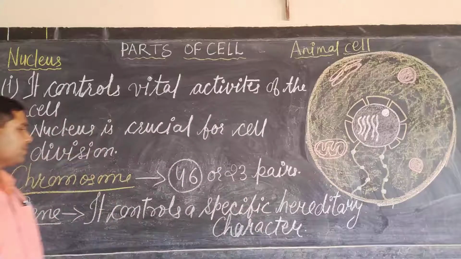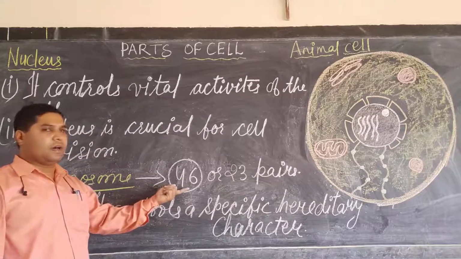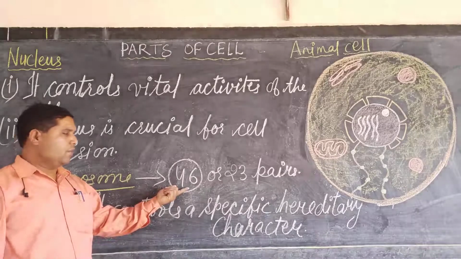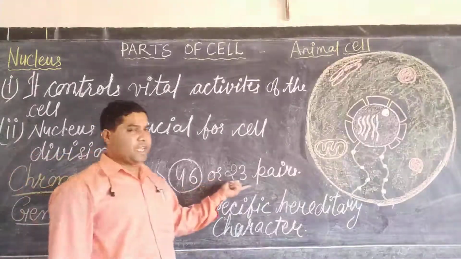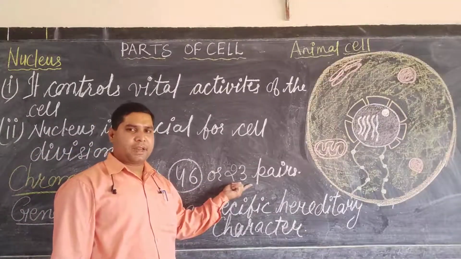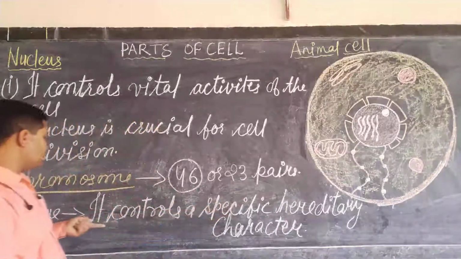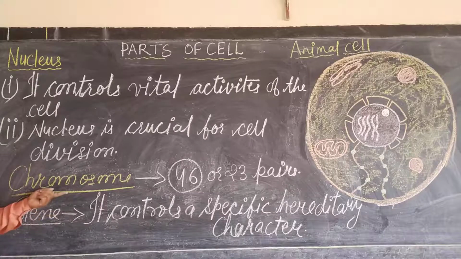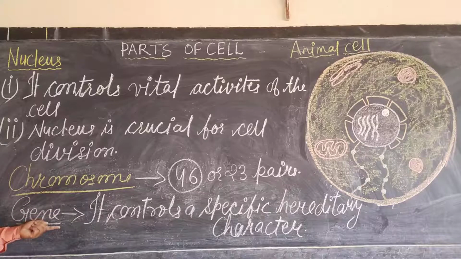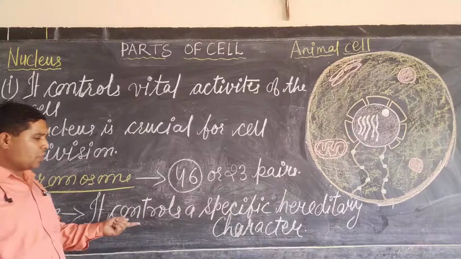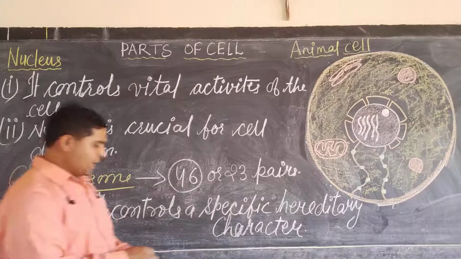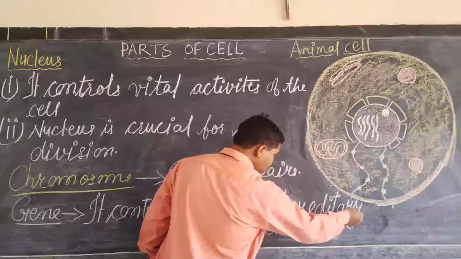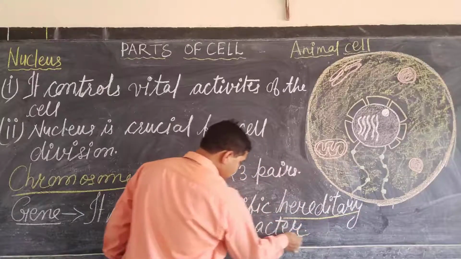So dear student, altogether the number of chromosomes in the human cell is 46, 23 pairs. In the chromosome there is a gene which controls the hereditary character of the human body.